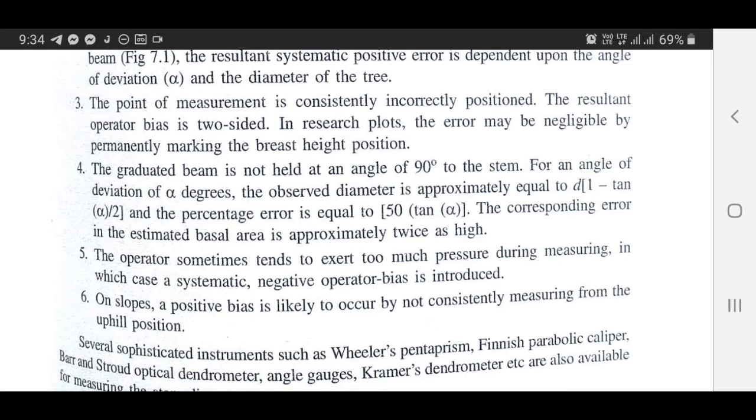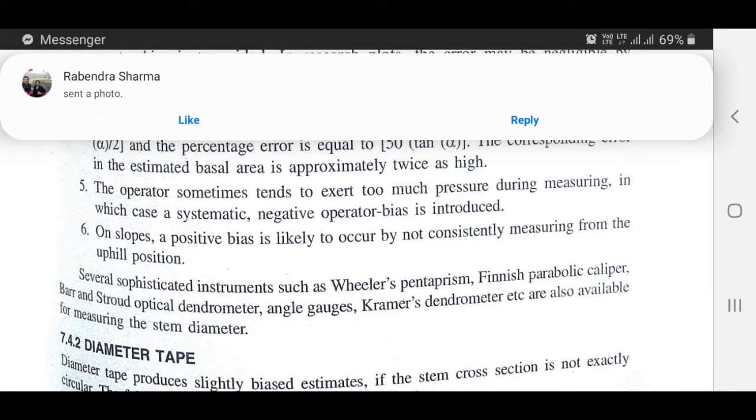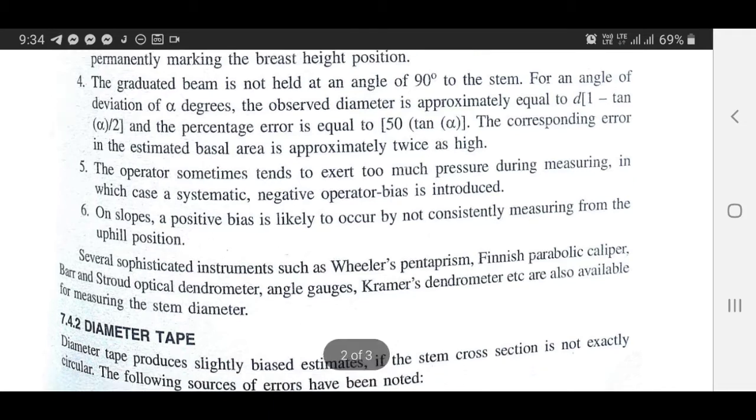The corresponding error in the estimated basal area is approximately twice as high. The operator sometimes tends to exert too much pressure during measuring, in which case a systematic negative operator bias is introduced. On slopes, a positive bias is likely to occur by not consistently measuring from the uphill position.